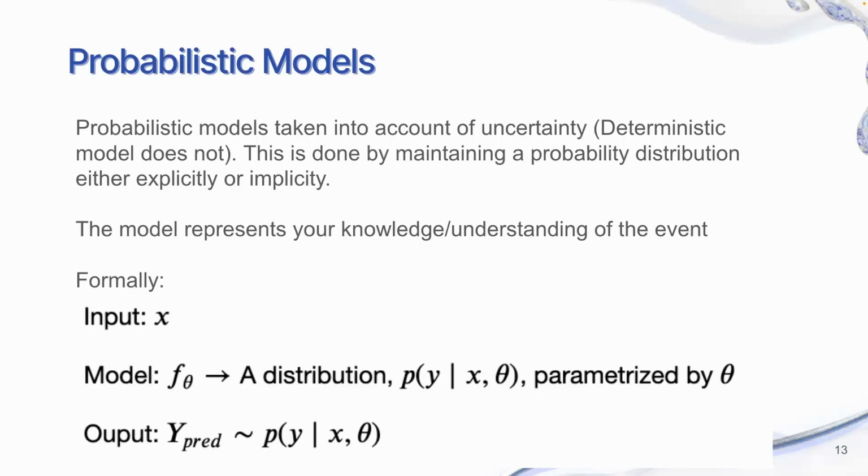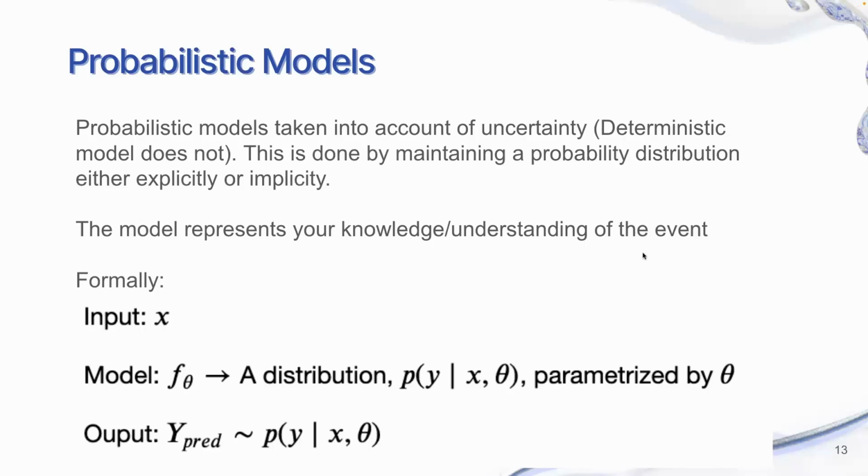But you can just think of your model as being parameterized by theta, and it maintains a probability distribution of y, which is your label, given your data and model: how likely would it be to have a prediction of y? And when you're doing output, all you do is use samples from that probability distribution. So what you get is y pred, sampled from it.